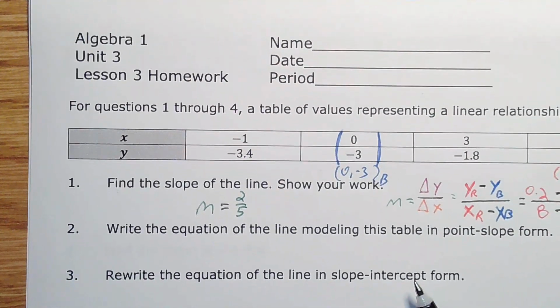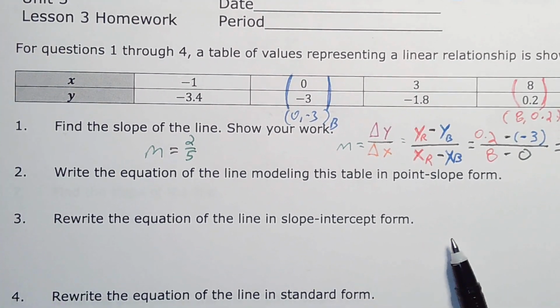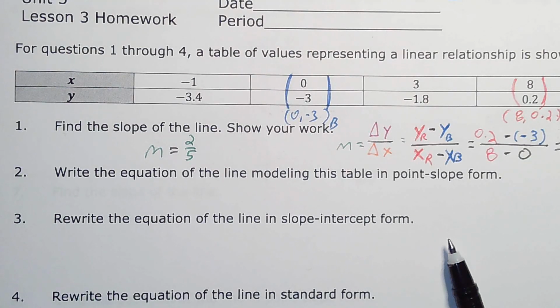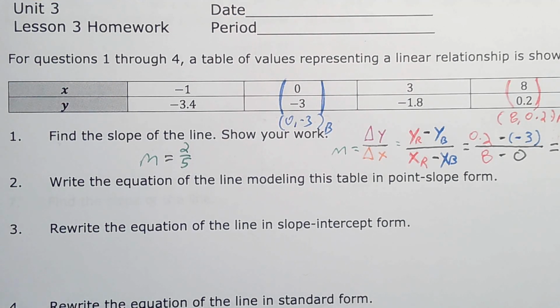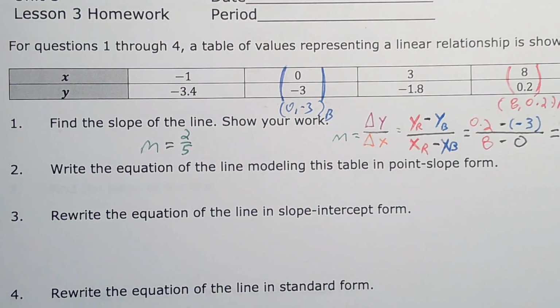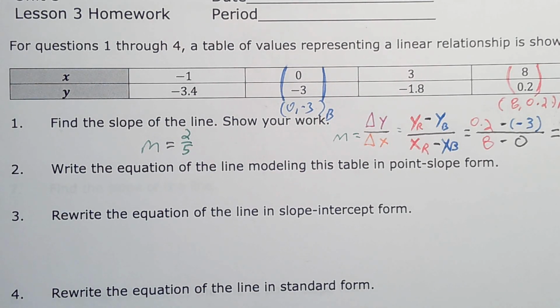Okay, so here we have an equation. What is the equation in point slope form? Okay, well, again, I can pick whatever I want to pick. So I'm going to have my y's on one side equals the slope times my x's, right? So all I got to do now is pick any point on the line.